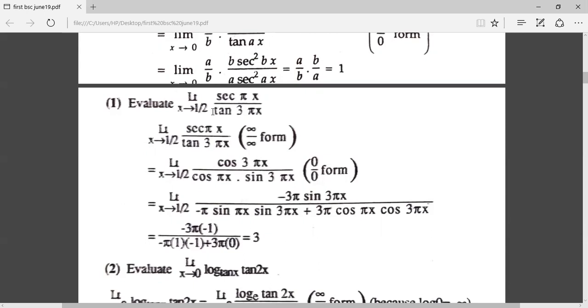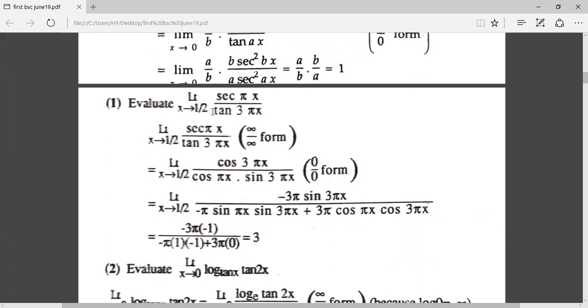Now substitute the limit as x tends to half. Remember, not x tends to 0, but x tends to half. Put x equals half there. You will get minus 3 pi into sin 3 pi by 2. Sin 270 degrees is minus 1, remember. 3 pi by 2 is 270 degrees.